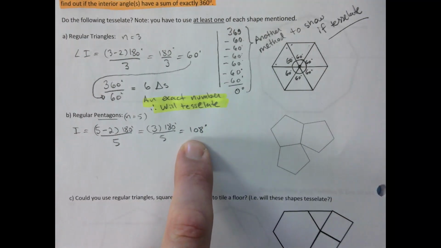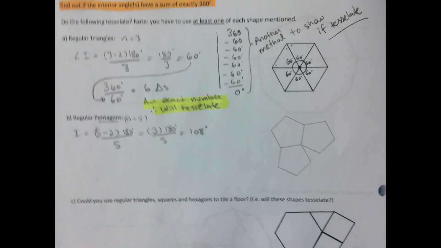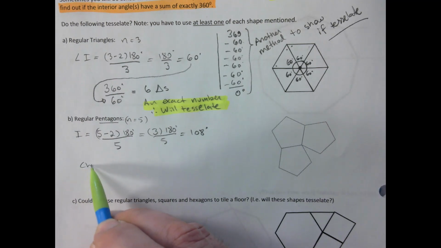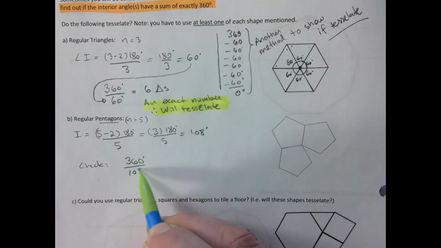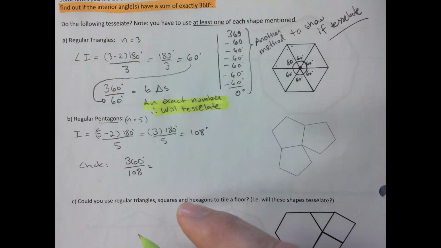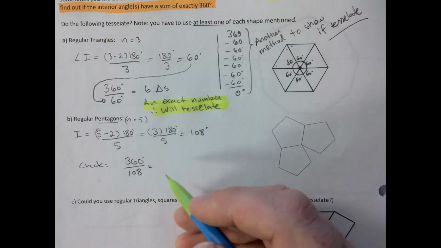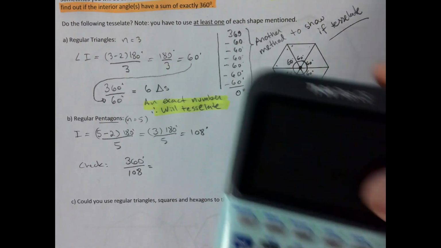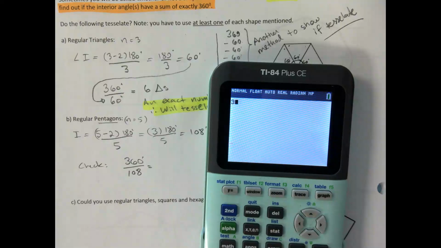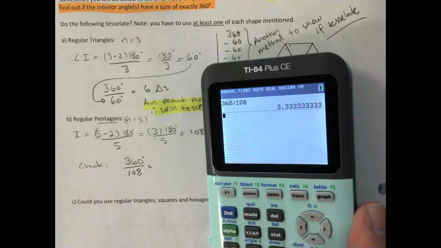108 degrees. So check: we go 360 degrees divided by 108. If you do that, you get 3.3 repeated. So it's not going to work. That's what you get.